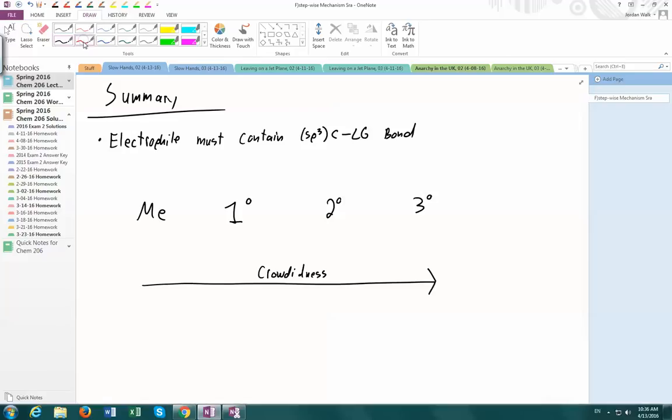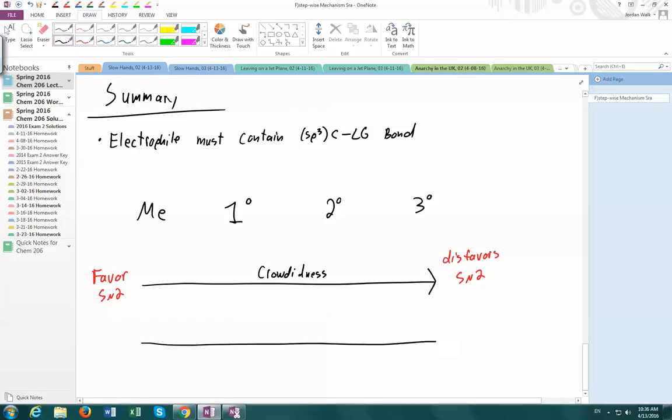It disfavors, right? And so over here we can say this disfavors SN2. And so that means on the other end with a methyl where it's not very crowded, that's going to favor SN2. And then we can draw another trend, and that's going to refer to carbocation stability.